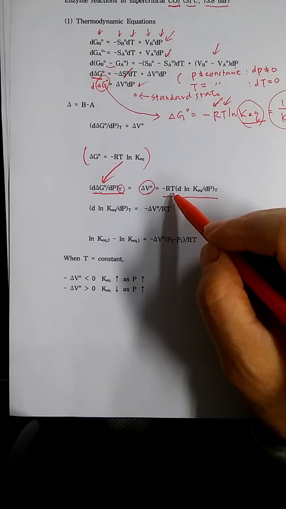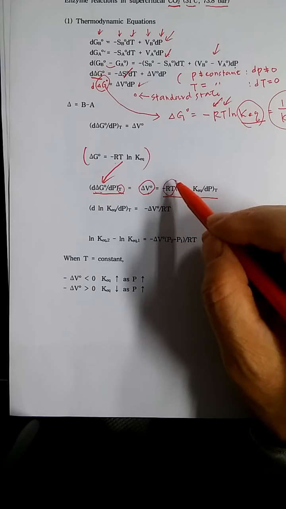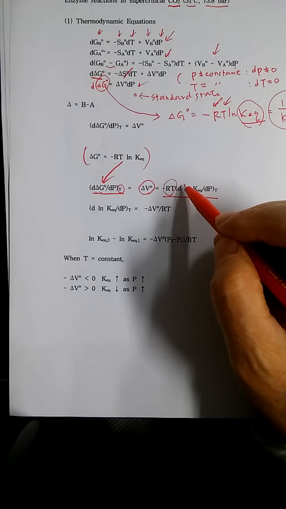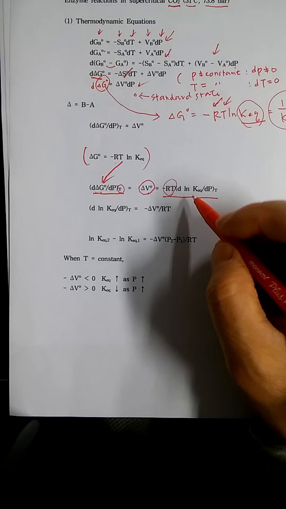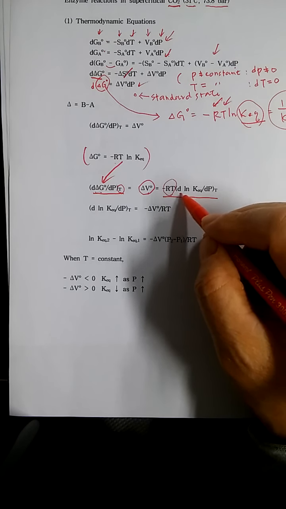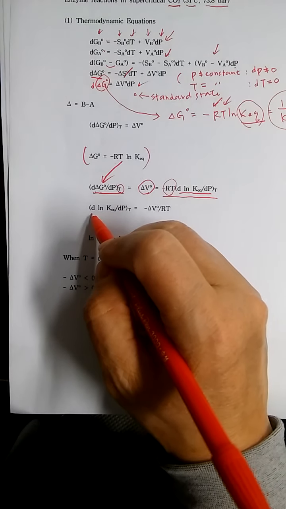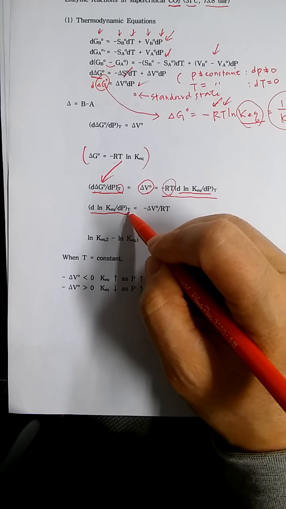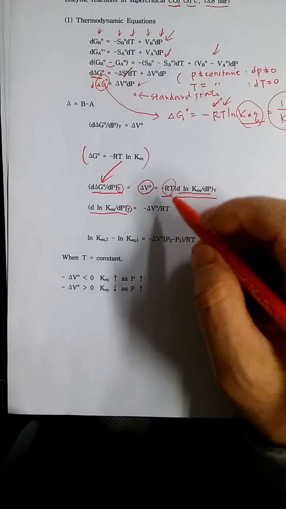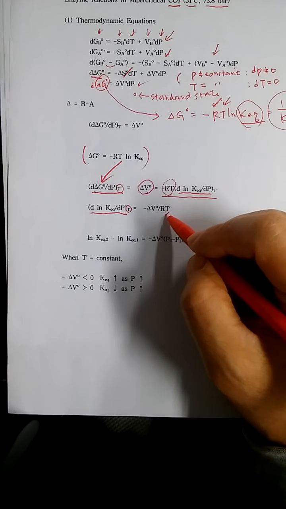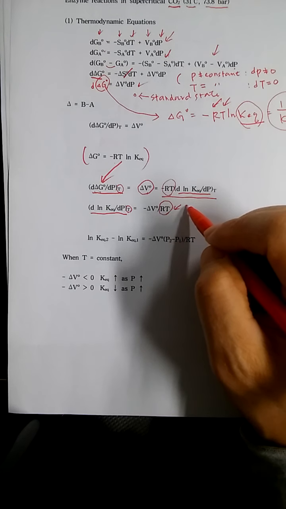RT is a constant term, so it can be taken out of the differential term. So d ln K over dP at constant temperature T equals negative delta V 0 over RT, and RT is also constant.